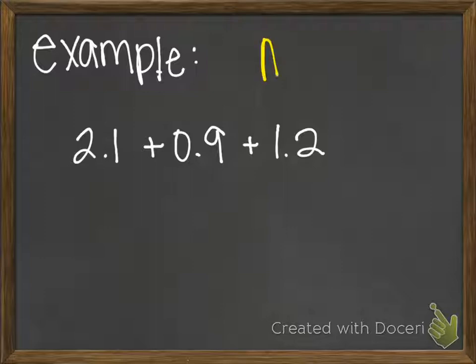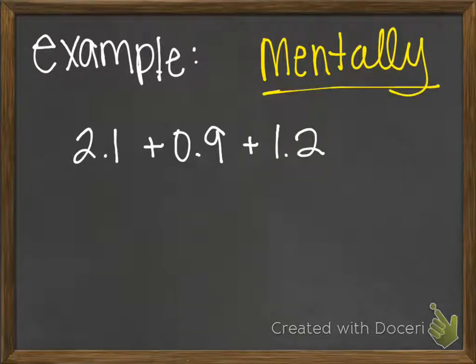On your work, it is going to ask you to solve this mentally, but you need to use compensation to do that. Whatever I write in yellow, I also want you to write.